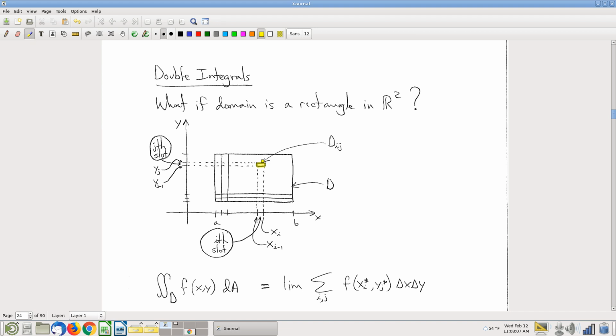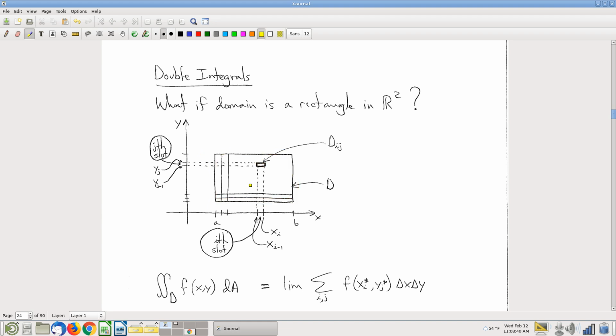And just like before, I'm going to take these pieces and do whatever my calculation is, whatever application I'm interested in. Maybe I'm computing mass, maybe population, maybe I'm computing work of something, whatever. Let's not worry about the specifics. But I'm going to solve the problem on that little piece, add up over all the pieces, and take a limit to make round-off errors go away, and we're going to declare that to be a multivariable integral on this new two-dimensional domain.